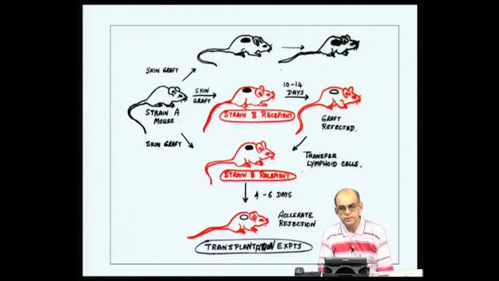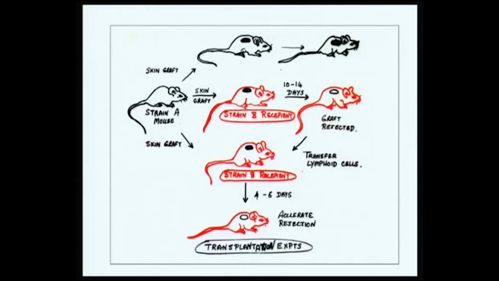And tumors, of course, is an age old subject and an age old phenomena. So, they were trying to find out how these tumor cells were being combated by the immune system.